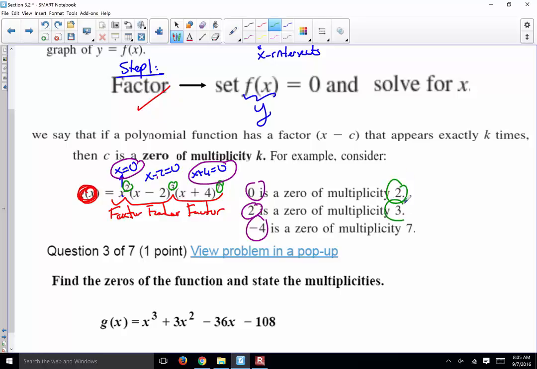They are called multiplicity. Negative 4 is repeated 7 times because I have that factor 7 times itself, right? So it shows up 7 times in the expansion. That's what we call multiplicity.